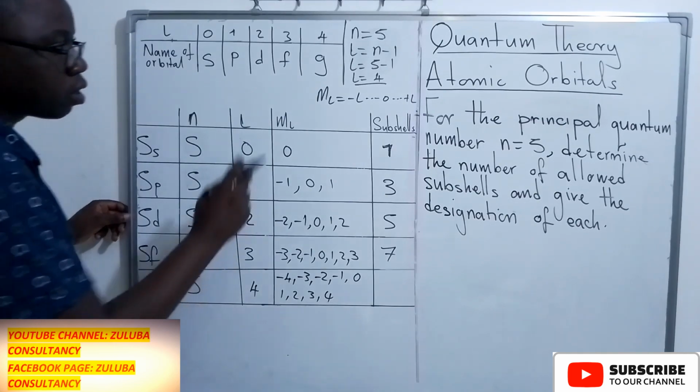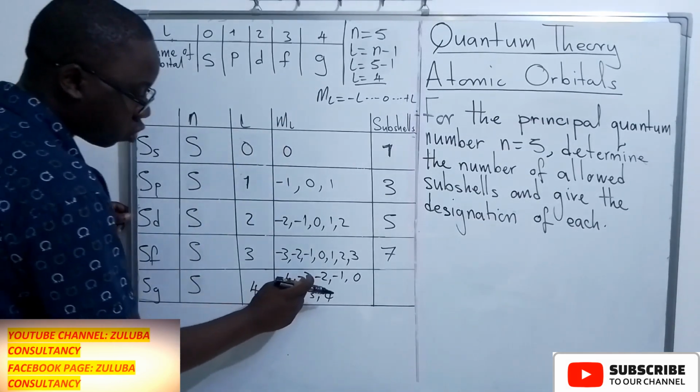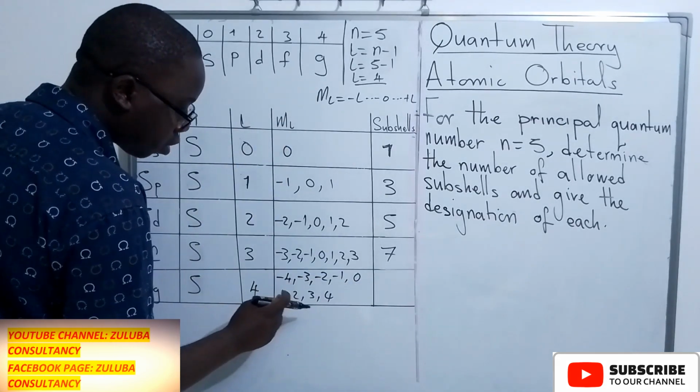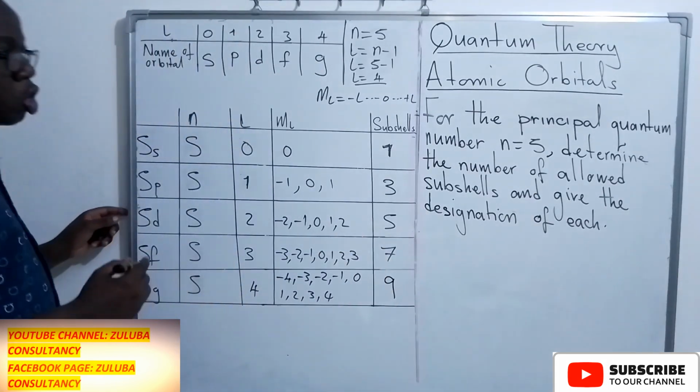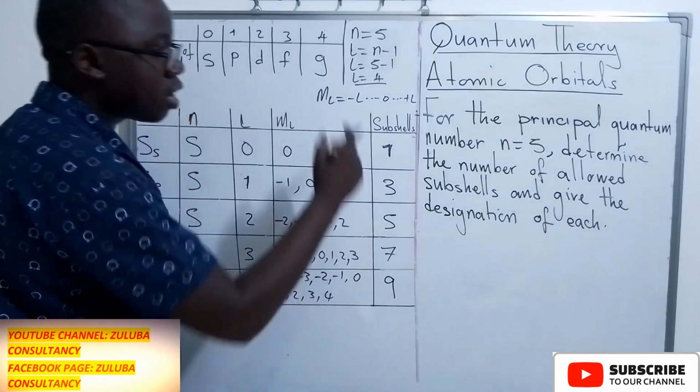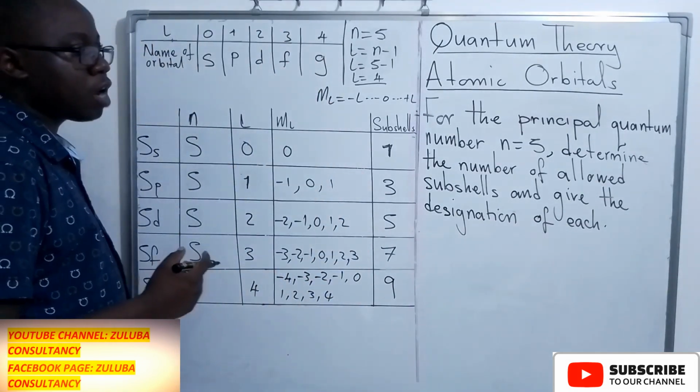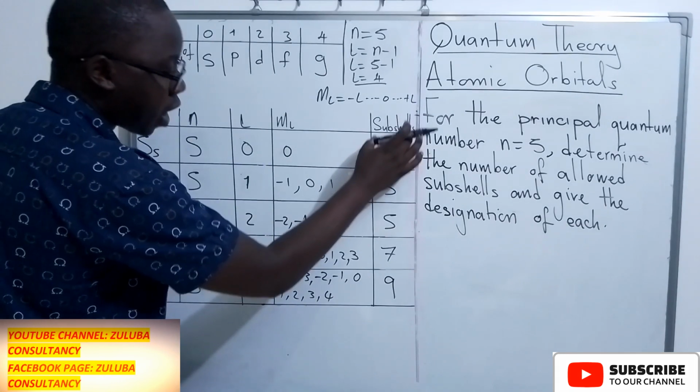So how many subshells are these? We have 1, 2, 3, 4, 5, 6, 7, 8, 9. So 9 subshells.